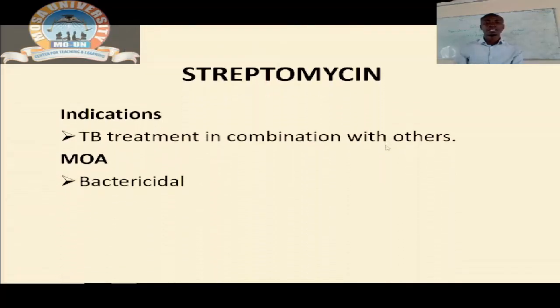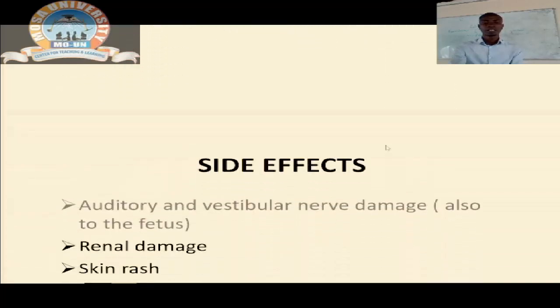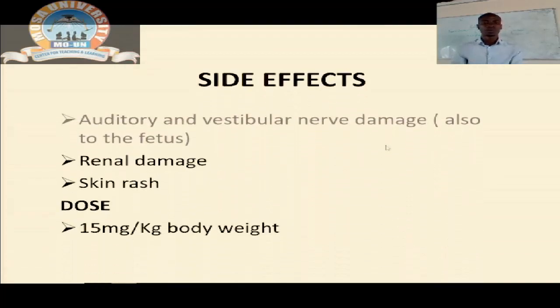The other drug is streptomycin. Streptomycin indication is TB treatment in combination with others. The mode of action is bactericidal, it completely kills bacteria. The side effect of streptomycin is auditory and vestibular nerve damage.